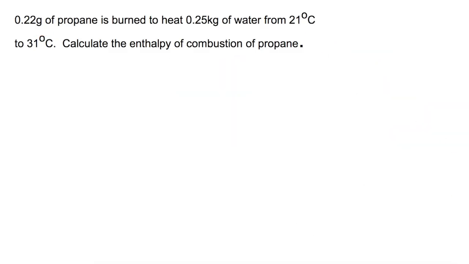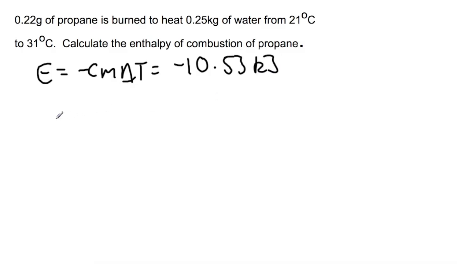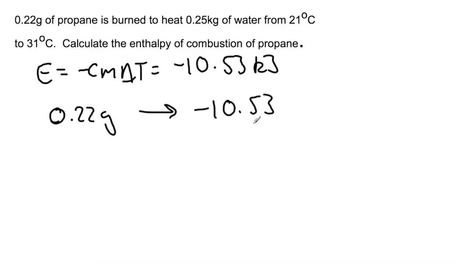If we look at using the other method, the E equals negative Cm delta T is the same, so minus 10.53 kilojoules. So if 0.22 grams of propane gave you minus 10.53, we can divide by 0.22 to get 1 gram.